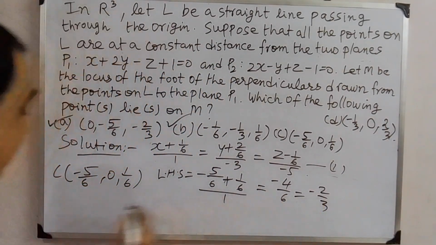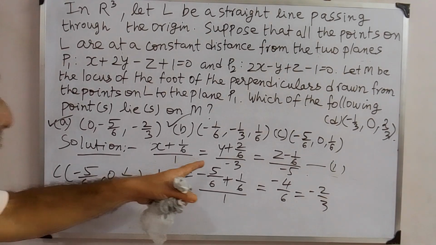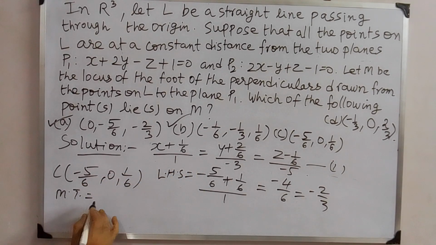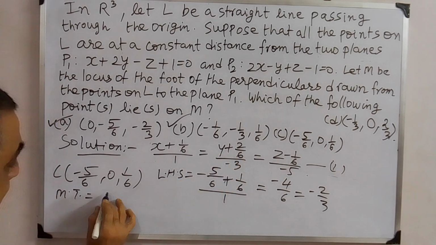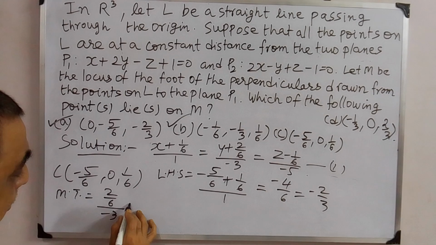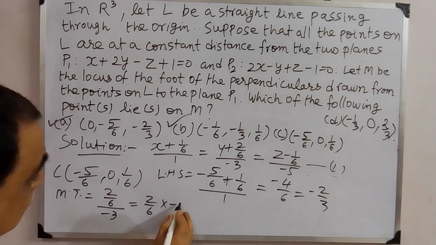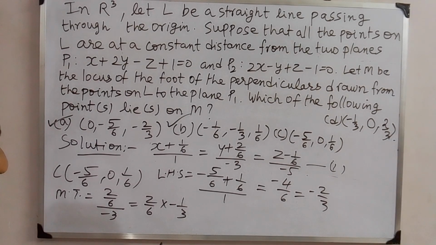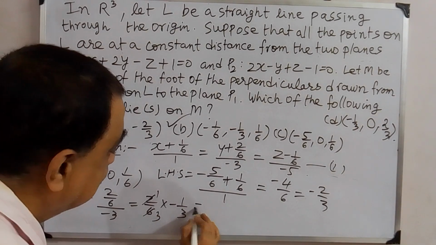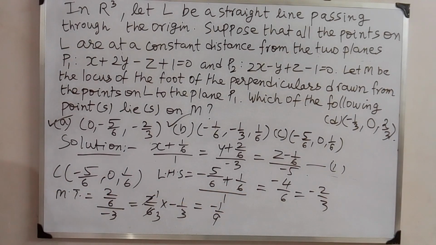So LHS is this. And the middle term will be, in place of y, I will put 0. So 0 plus 2 by 6 will be 2 by 6 divided by minus 3. So this becomes 2 by 6 into minus 1 by 3. So cancel: the 2 and 1 are 2, and here it is 3. So we are getting minus 1 by 9, which is not equal to LHS.